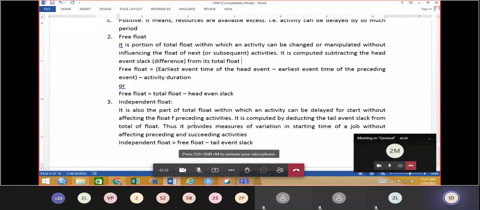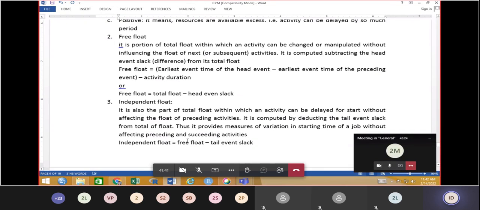Now, independent float. The independent float is calculated as free float minus tail event slack, and it is also part of the total float, by which an activity can be delayed for start without affecting the float of the preceding activity.